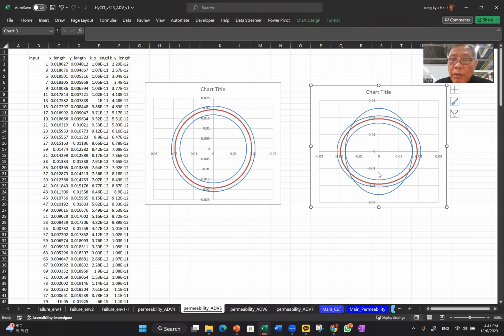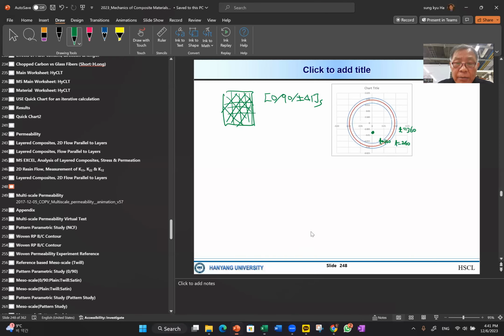As you can see, we have more flow because in the fiber direction we have more flow speed, more permeability. So physically it makes sense.